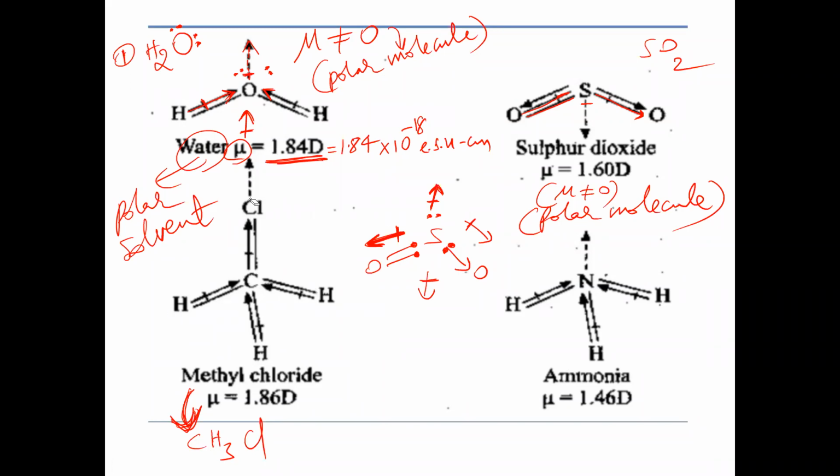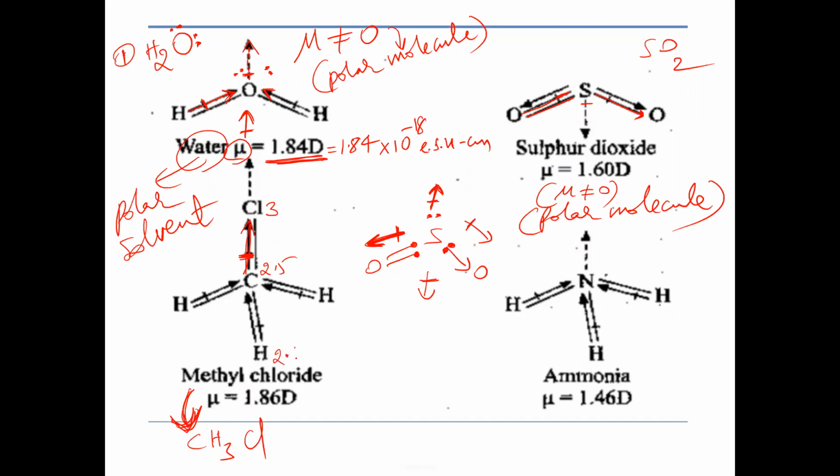Between carbon and Cl, Cl electronegativity is 3 and carbon electronegativity is 2.5. Which is more electronegative? Chlorine. That's why the dipole moment is towards the chlorine in the C-Cl bond. Now in the C-H bond, carbon is 2.5 and hydrogen is 2.1.